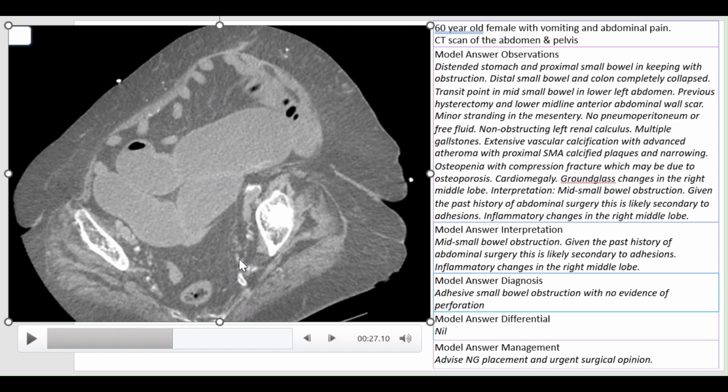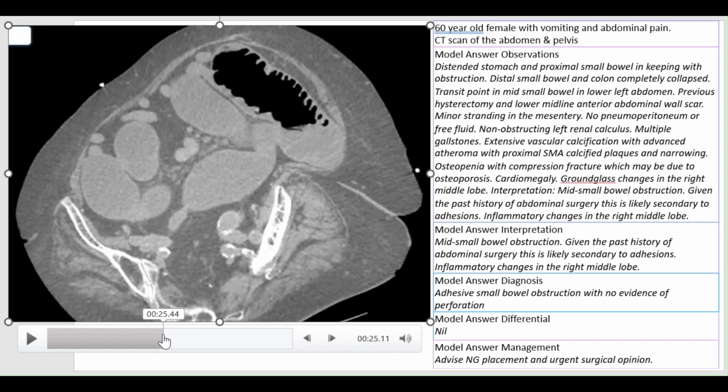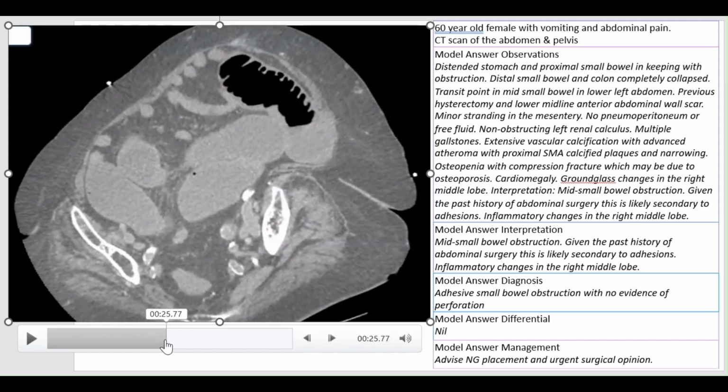So in this case, in addition to the proximal small bowel dilatation and the distal bowel collapse, as you can see here, there is minor stranding of the mesentery. Minor stranding of the mesentery, but no free intraperitoneal air.